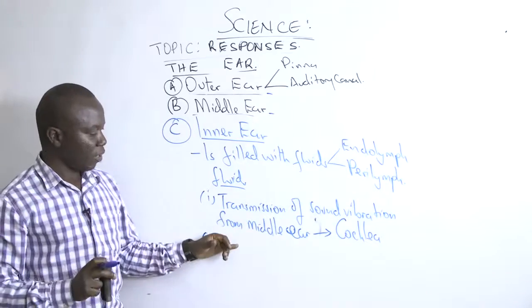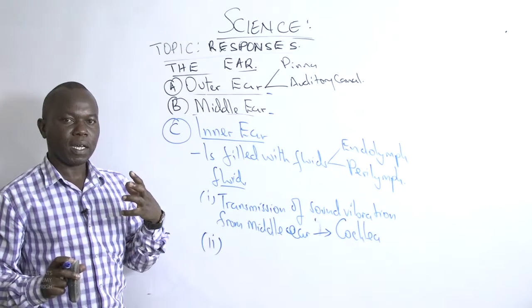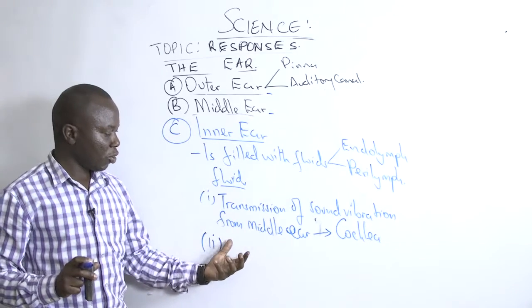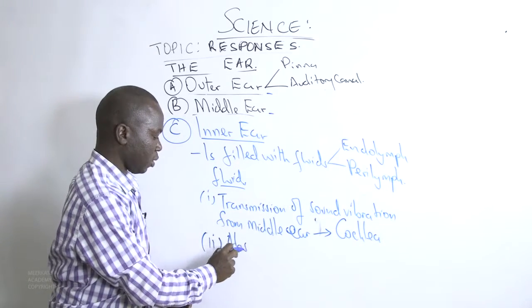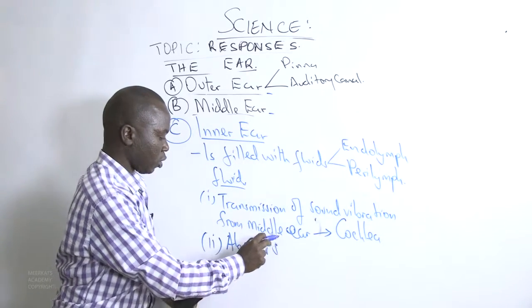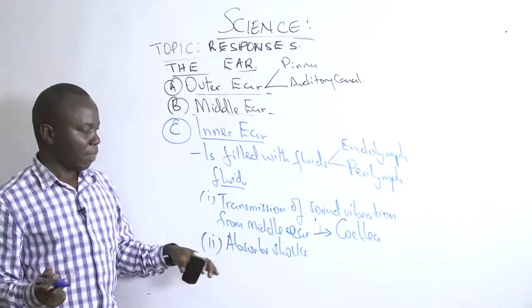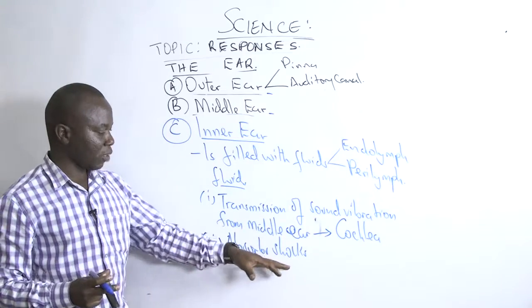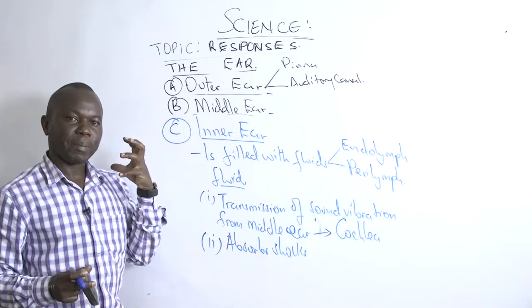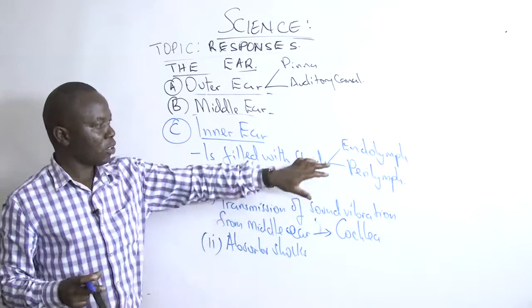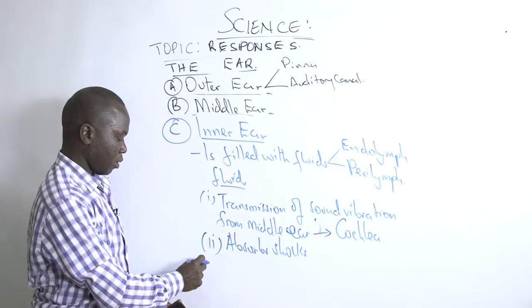They may damage the delicate part of the inner ear labyrinth. So the fluids absorb shocks. Maybe the intensity of sound vibrations is very high. It may damage the delicate parts of the inner ear. So the fluids will come in handy to absorb the shocks.